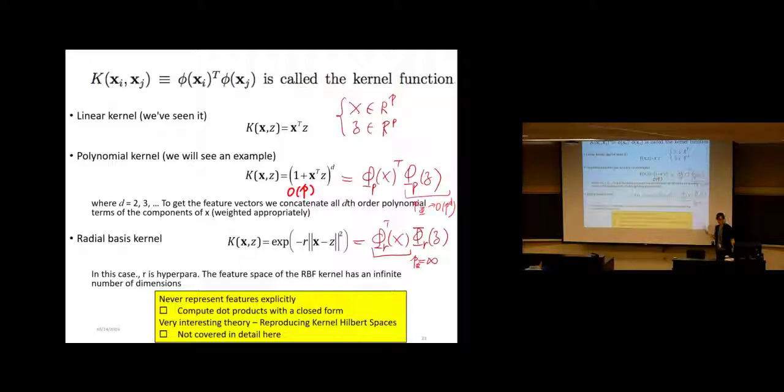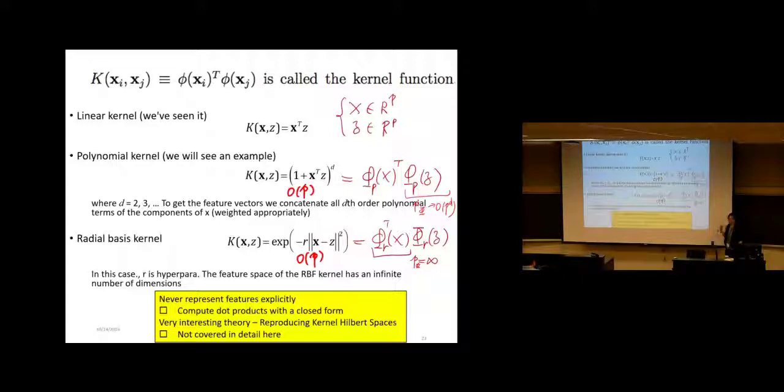There's no quadratic blow-up at all. So this is still an O(p) cost. However, this kernel is equivalent to, in fact, a phi(x) of infinite size. You can't even write it out; you can actually prove it. I'm not including that proof.